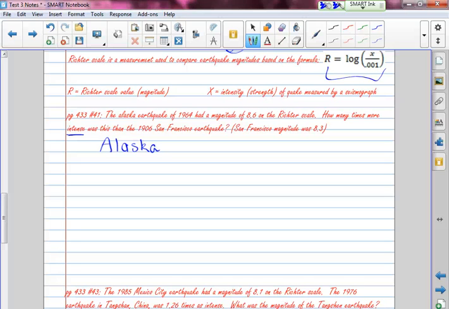Well, I don't know either intensity. I need to figure it out. So I gave you the R. I'm finding X. So I'm using this formula. The magnitude of the Alaska earthquake was 8.6. So 8.6 equals log of X over 0.001.